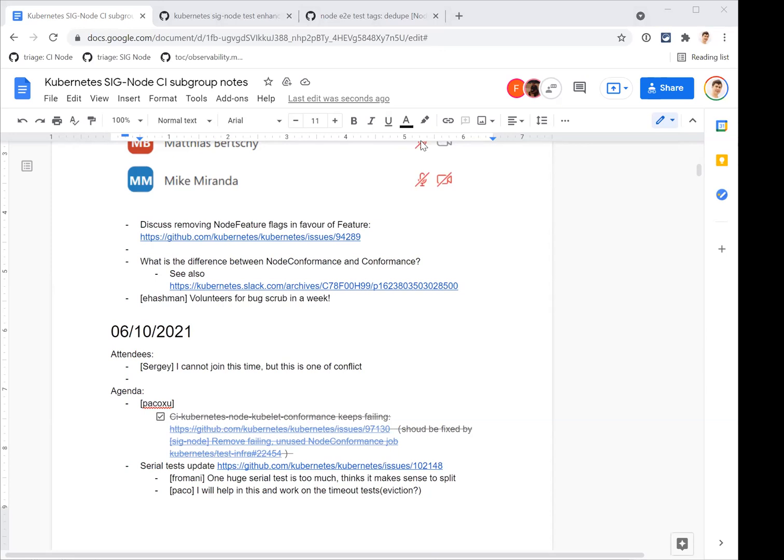I understand the value of being able to select all node features for E2E tests, but perhaps there are better ways we can do that, for example looking at tests tagged SIG Node as opposed to node feature. I am generally not in favor of having our own node tags because it adds a lot of complexity and they're not well documented in terms of what they mean.